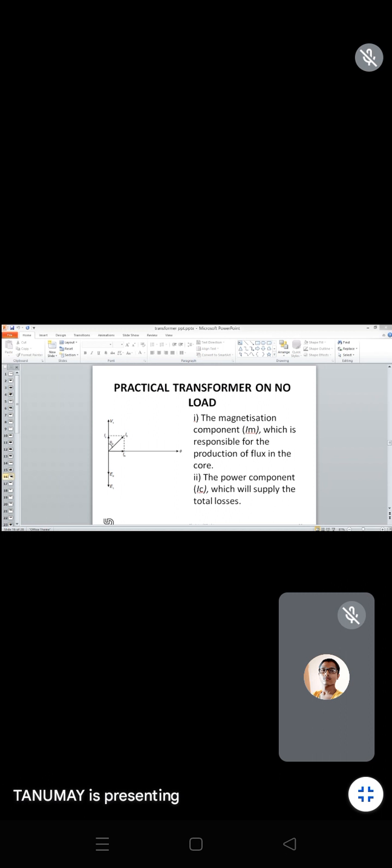So here this is the inductive type load. If we consider this is the direction of V1, this V1 will try to produce magnetic flux within the transformer core. That's why this phi will lag by the supply voltage with an angle of 90 degrees.